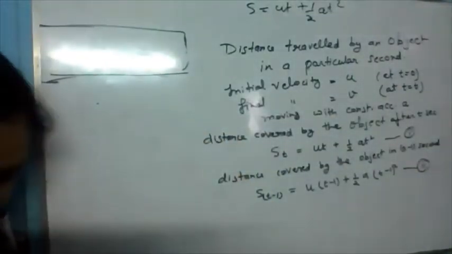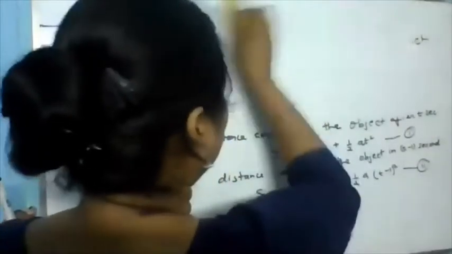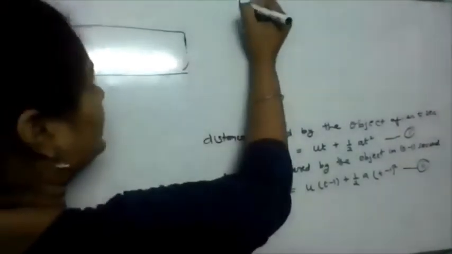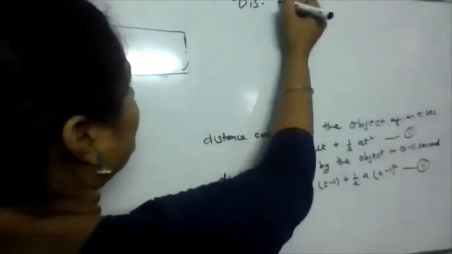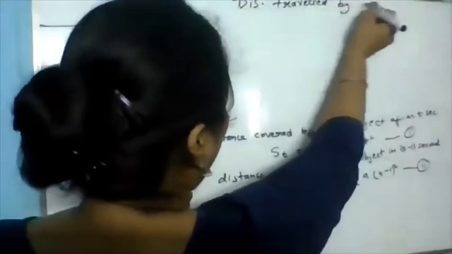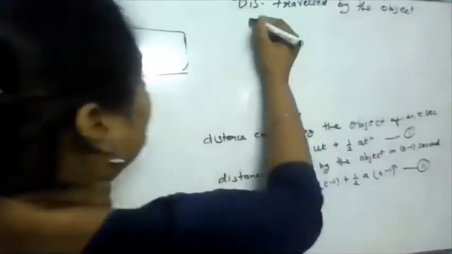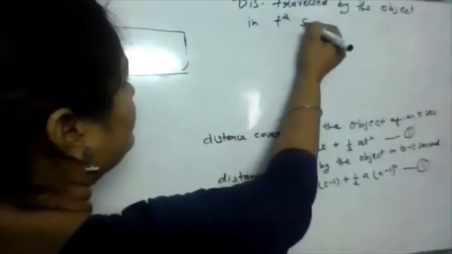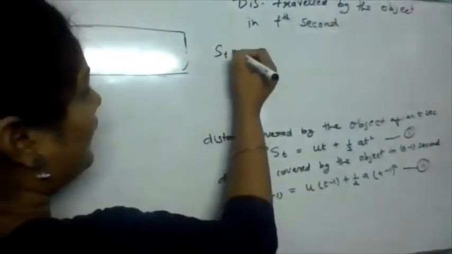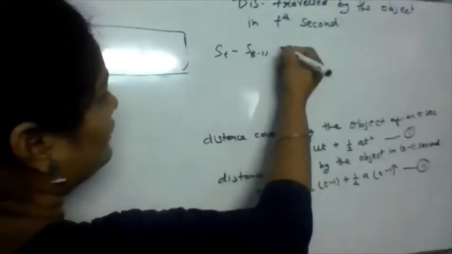Now the distance traveled by the object in the tth second: St minus S(t minus 1).